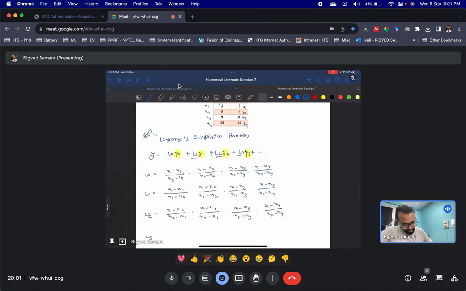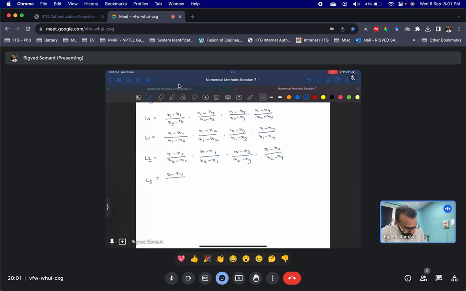L3 would be (x minus x0) divided by (x3 minus x0), into (x minus x1) divided by (x3 minus x1), into (x minus x2) divided by (x3 minus x2), into (x minus x4) divided by (x3 minus x4). I skipped x3.